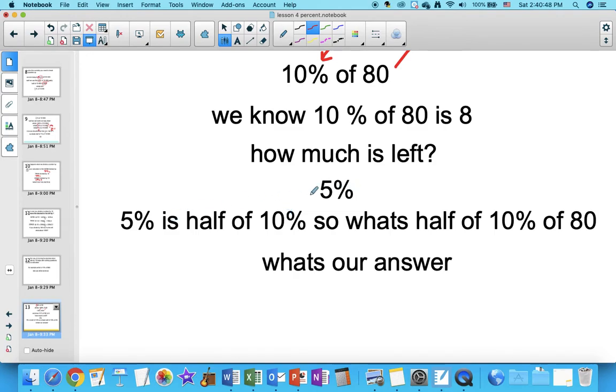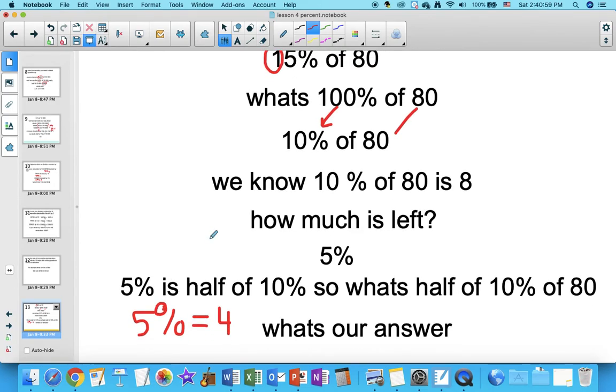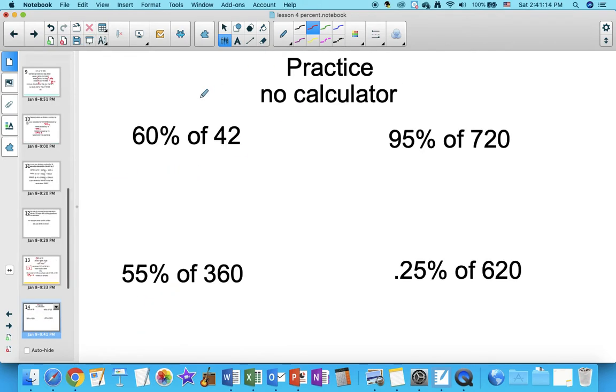Well, 5% is half that. So 5% must equal 4. Now I have the 10%, which is 8, and I have the 5%, which is 4. Well, I just add them together. 8 plus 4 is 12. And that's the answer, and that's 15% of 80.